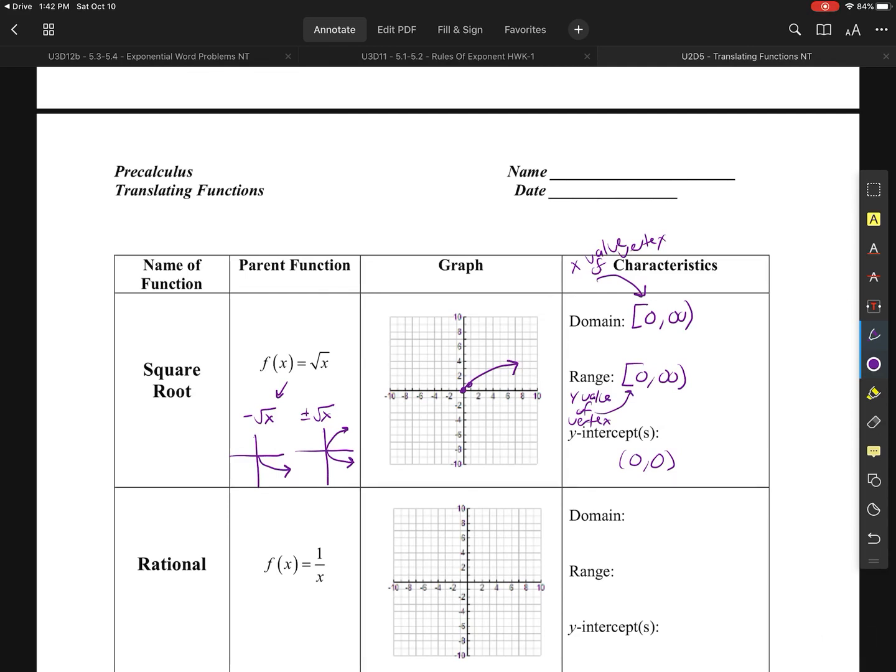So if I had my vertex there, my domain would be negative 7 to infinity. My range would be 10 to infinity. Talking about x values, talking about y values.